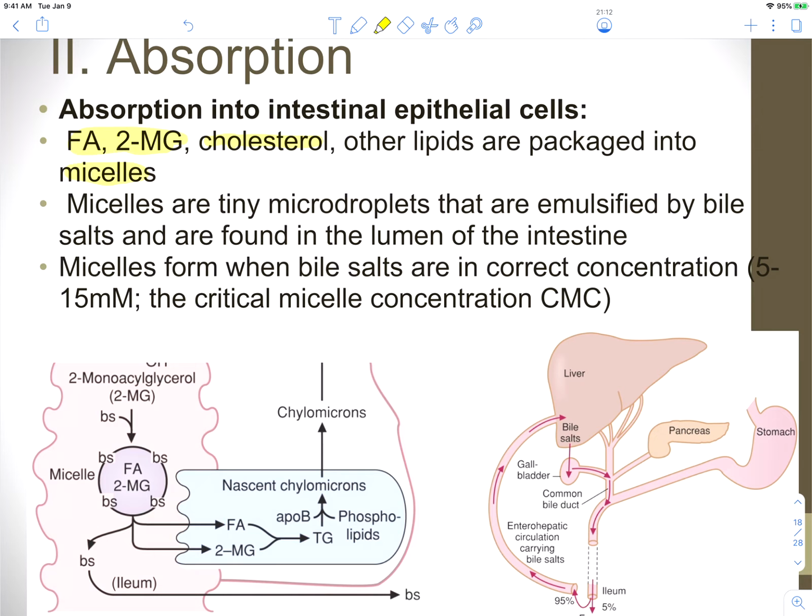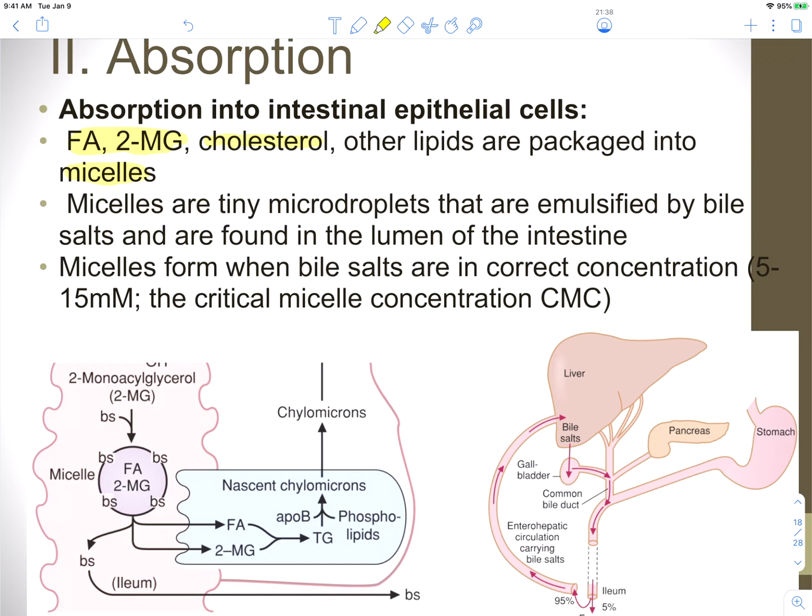And micelles, you can think of them as tiny droplets, and again, they get emulsified by bile salts. They are only found in the lumen of the intestine, and they form when the bile salts are in correct concentrations. The critical micelle concentration is 5 to 15 millimolar of bile salts, and so that's the concentration needed in order to properly emulsify your fats.